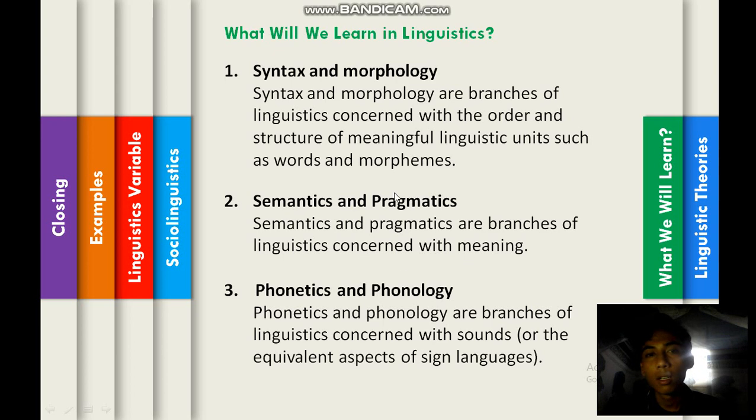So, we will learn about meaning in semantics and pragmatics. What about phonetics and phonology? Phonetics and phonology are branches of linguistics concerned with sounds, how we can produce a sound, and things like that.